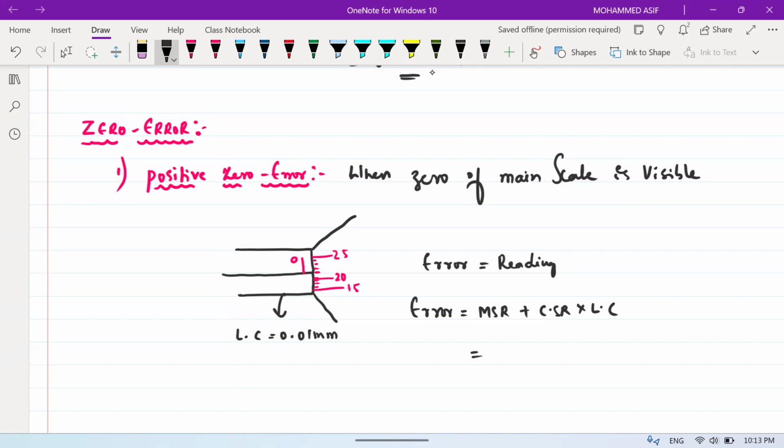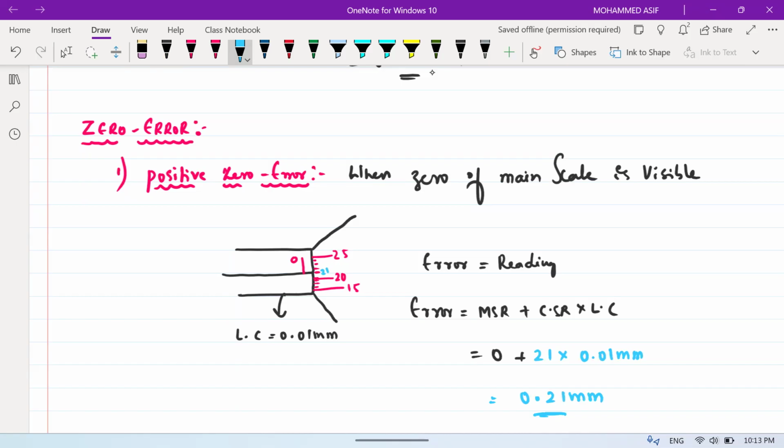What is the main scale reading which is visible for me? 0, plus circular scale division which is coinciding with the reference line. See the diagram, 21 is coinciding. So this will be 21. Least count is 0.01 mm. So this will be 0.21 mm. That will be the answer for me.